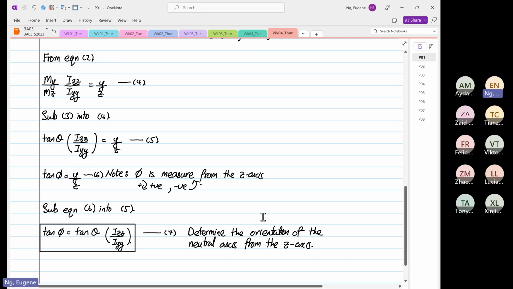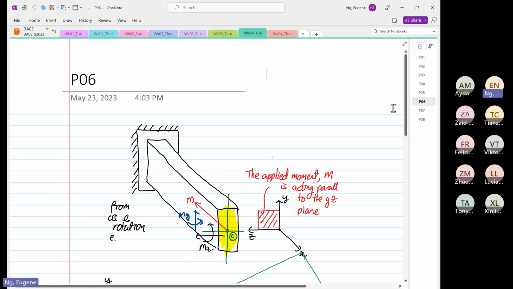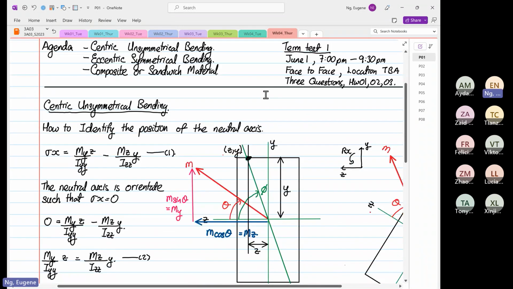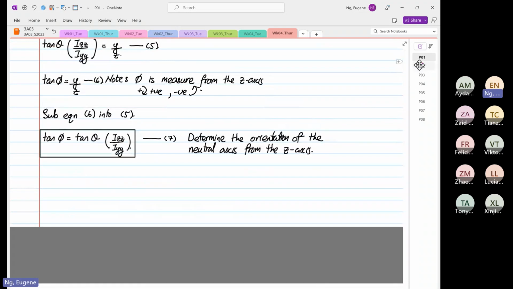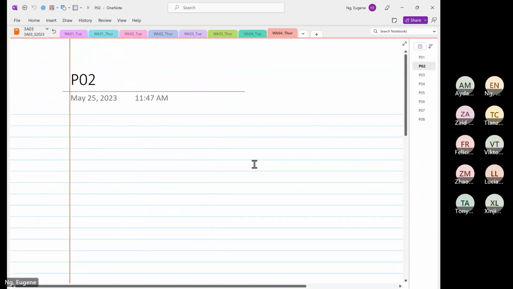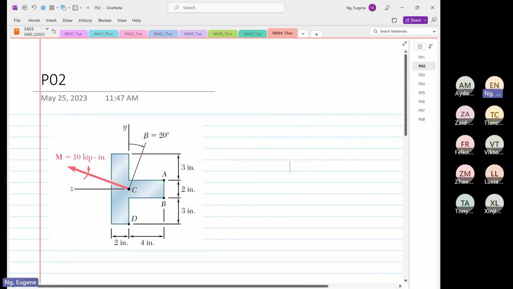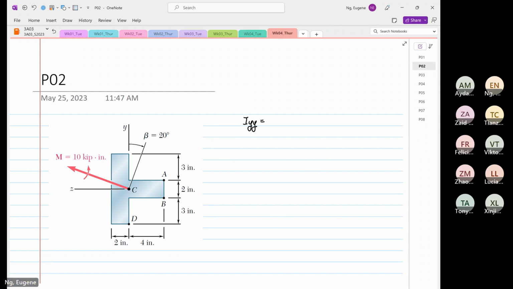So if we go back to the example that we did on Wednesday, which is this one, right? We did this example. I'll start on a new page. So over here, we have determined IYY, which is equal to 64 inches to the power 4.